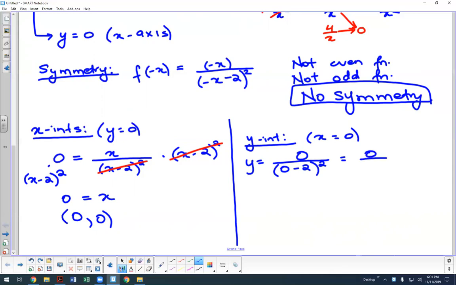What do I get for my denominator? 0 minus 2 quantity squared? 4, yeah, because 0 minus 2 is negative 2. Negative 2 times negative 2 is positive 4. 0 divided by 4 is 0. So again, the origin is our y-intercept, which makes sense because if we got 0, 0 here, we should have received a 0, 0 answer for the y-intercept also. So basically for this example, both our x and y-intercepts are at the same point.